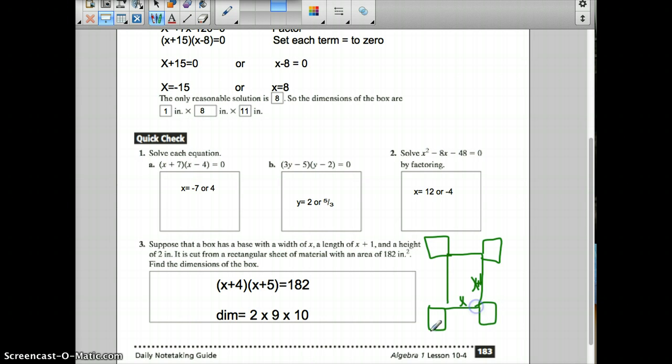Okay, so that means this side here, this is 2 and this is 2, and then so our whole side length is going to be x plus 4, which is right here, and then this side length, because this is 2 and this is 2, this side length here is going to be x plus 5. So that's how we get those side length dimensions.